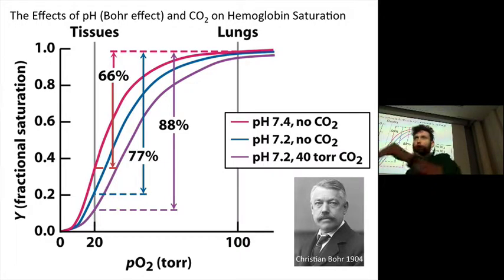As pH goes down, as you go into acidosis because you are exercising and building up lactic acid, for example, as carbonic acid goes up, as you acidify your peripheral tissues by the buildup of carbon dioxide, you're also going to be more likely to unload more oxygen. Does that make sense?